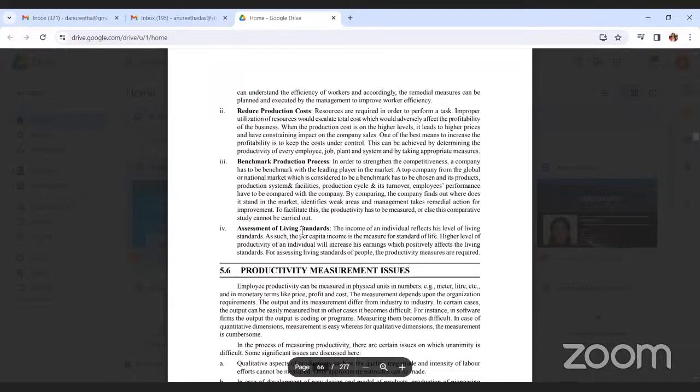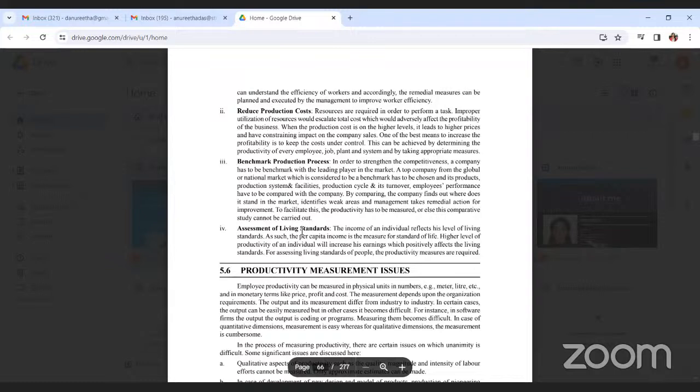Benchmark production process. Benchmark production process is how you strengthen your company's competitiveness. There has to be a benchmark with the leading player in the market, right? So what is it so different that you are offering to the customers?